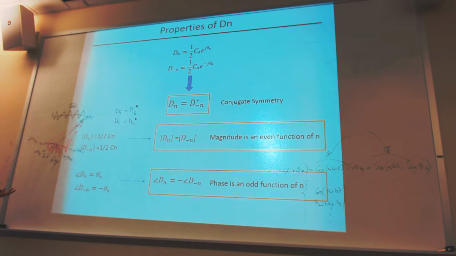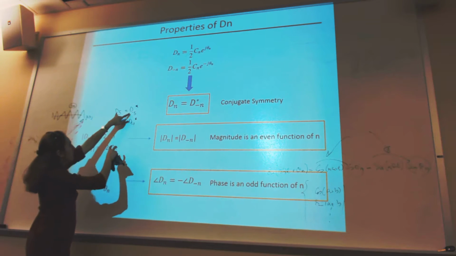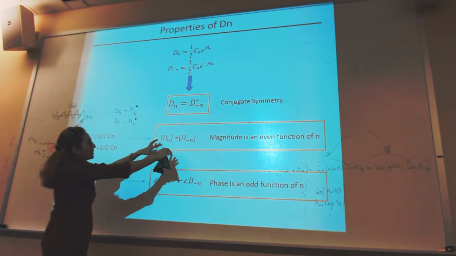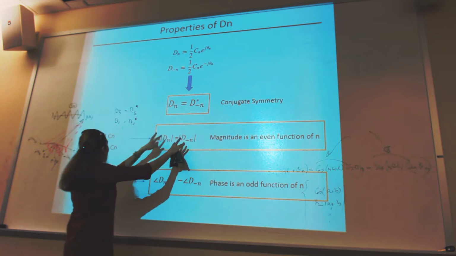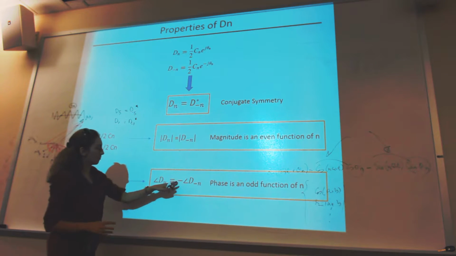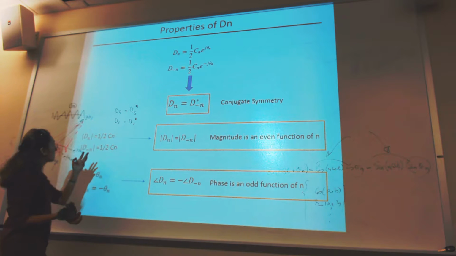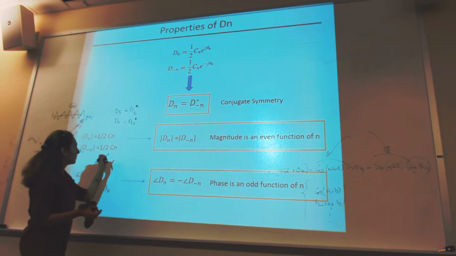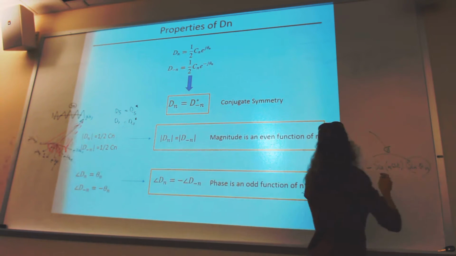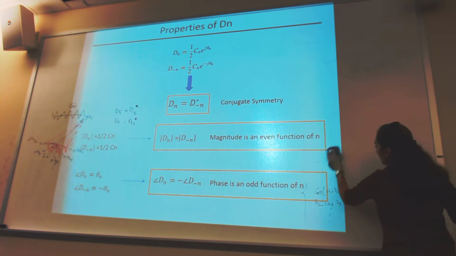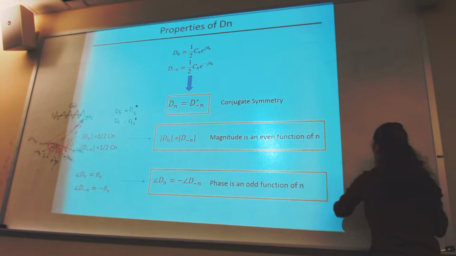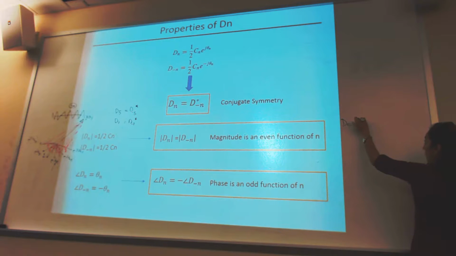Now from the conjugate symmetry, if two numbers are conjugates of each other, it means that they have the same magnitude. However, they have different phases. The phase is negative. Example, let's say my D5 is 1 plus j, which is a complex number, then D negative 5 is going to be the conjugate of that, 1 minus j.